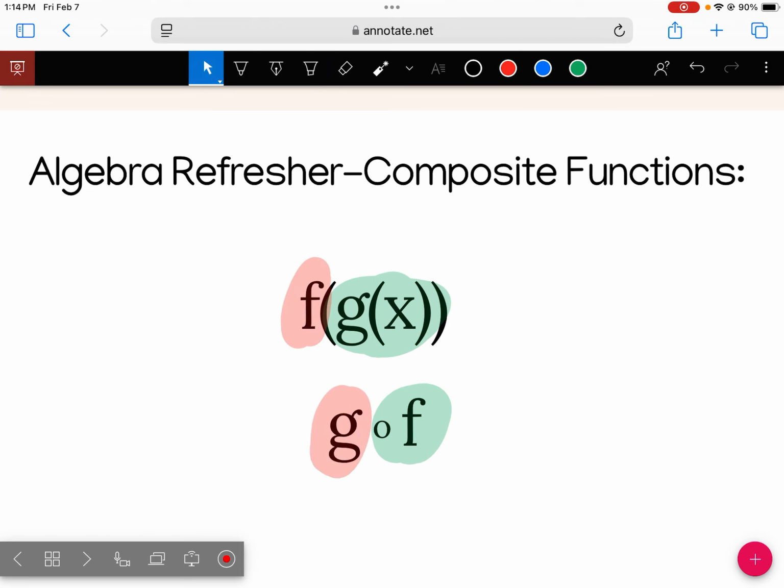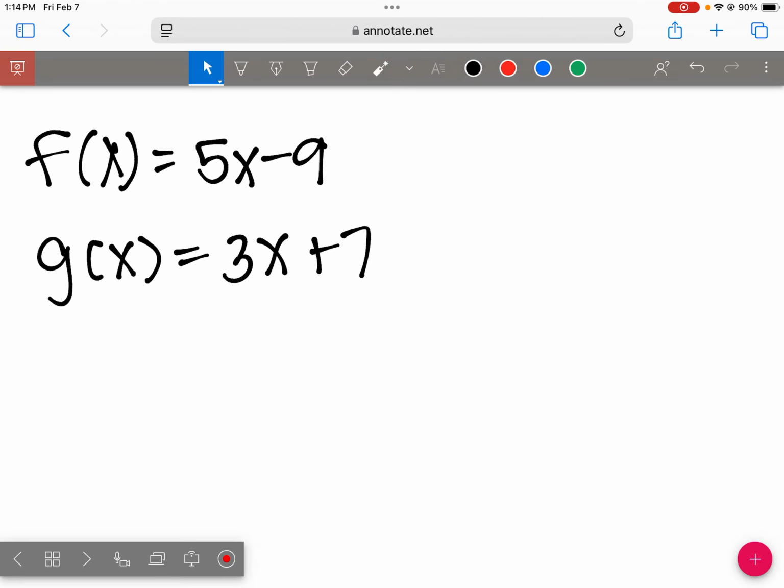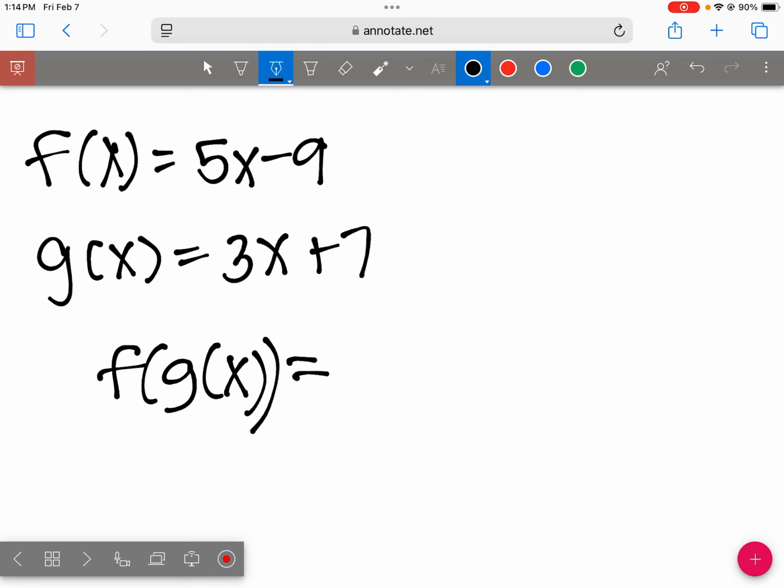So if everyone could just real quickly give me f of g of x. And if you don't remember, that's okay. We're going to go over it in a second. But this is just some background.